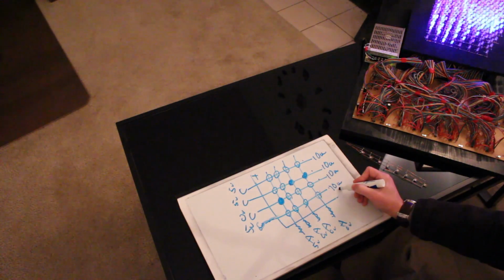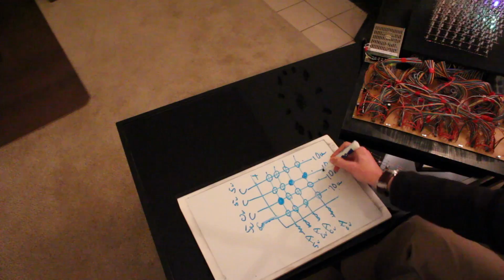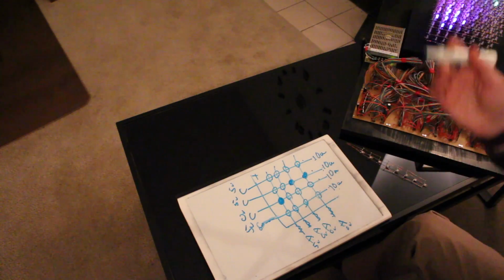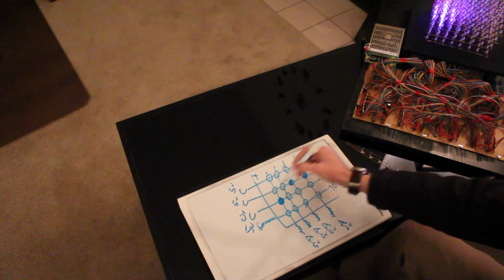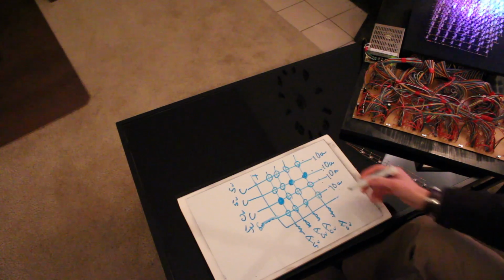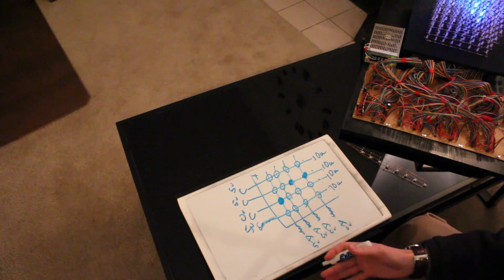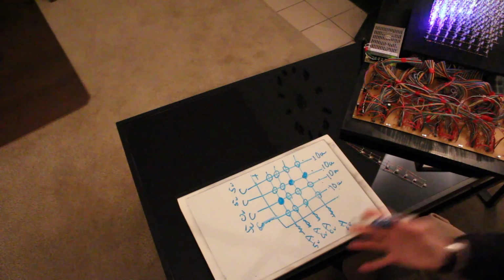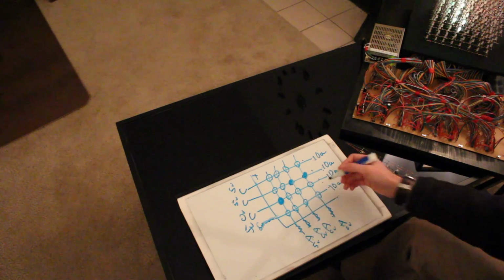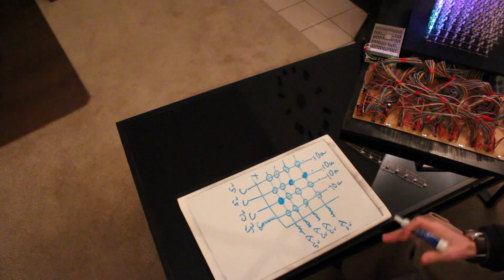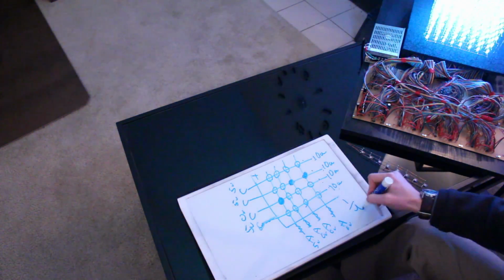So light this one up for 10, turn it off, light this up for 10, turn it off, and then go on. So your on time for each of the LEDs would be 10 microseconds, and your off time would be 30 microseconds, right? So the duty cycle here, on time versus total time, is 1 out of 4. So that's on 10 microseconds, off 30 microseconds, or a duty cycle of 1 out of 4.